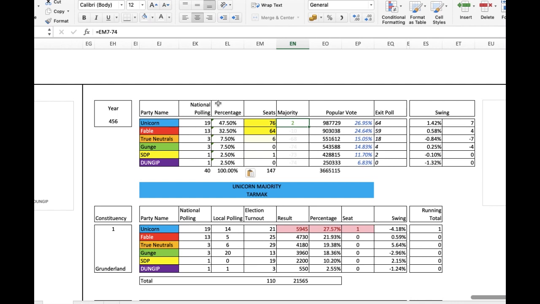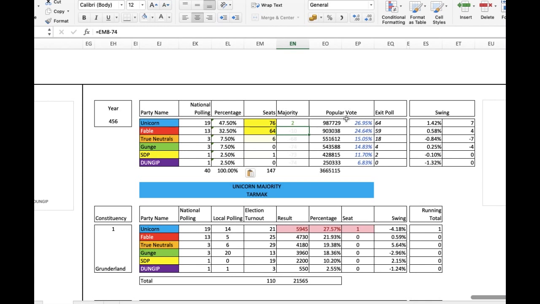Despite how far ahead in the national bonus the Unicorn are, because of the number of local bonuses that are leaning towards Fable, Fable have a bit of an advantage, and could potentially win with only the flipping of a couple of seats in their favour.